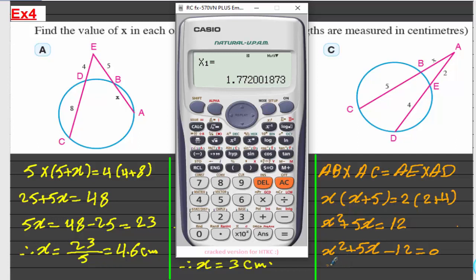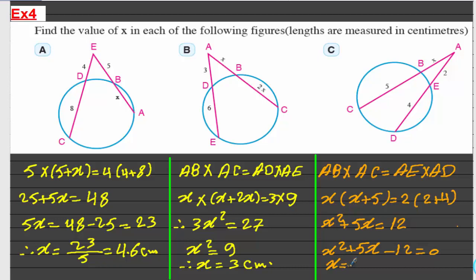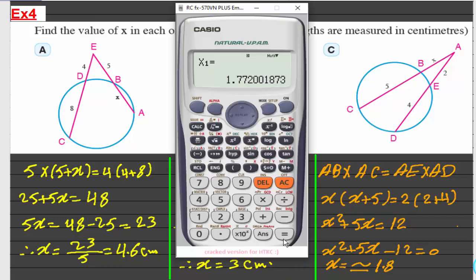So x equals approximately 1.8, or x equals negative 6.777. It is refused because it is negative.